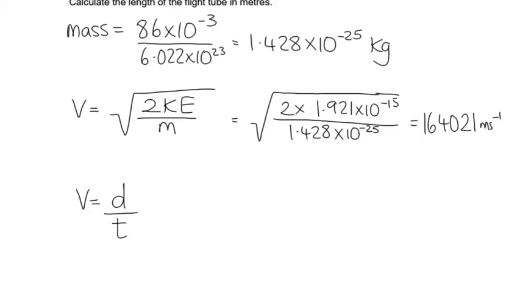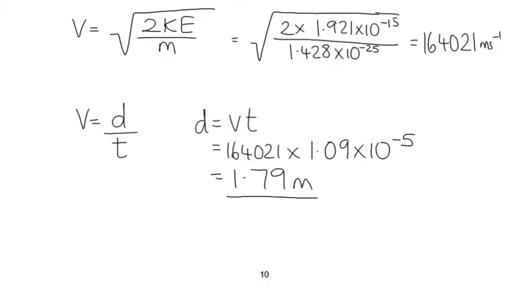If velocity is distance divided by time, then distance is velocity times time. So take that velocity and times it by the time given to you and see if you can work out the distance in meters. If you've done that correctly, you should get 1.79 meters.